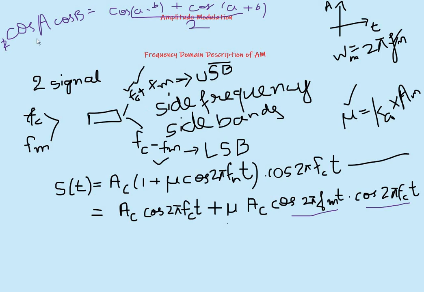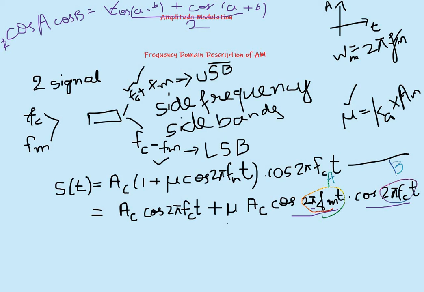Just put the values into this formula, where A is 2 pi fm t and B is 2 pi fc t. Okay, so put the values of A and B in this equation.